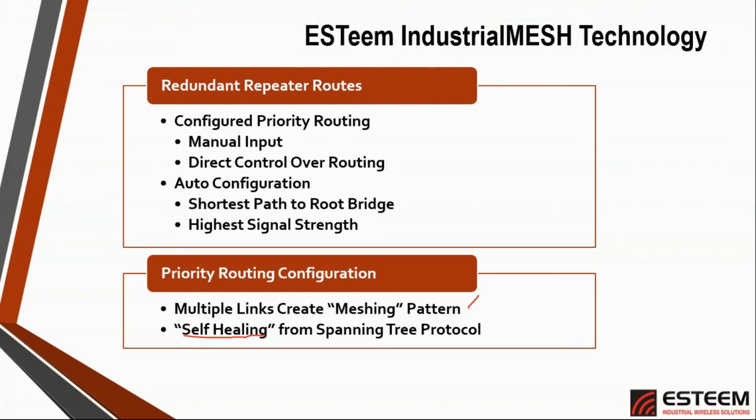Now, what's happening in the background is nothing new. We're not making this up. We're actually utilizing a function of normal, hardwired Ethernet called spanning tree protocol. This is automatically designed, even in a hardwired network, to look for all of the redundant or multiple routes within the system and define which ones we're going to use.